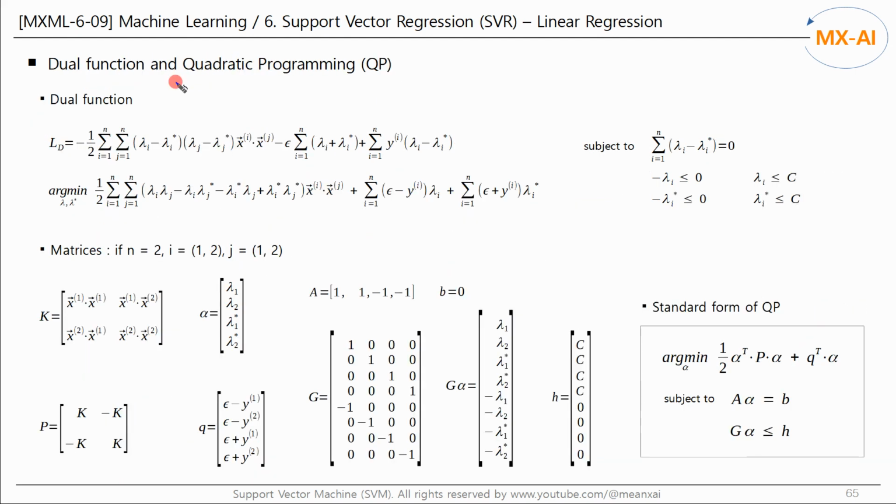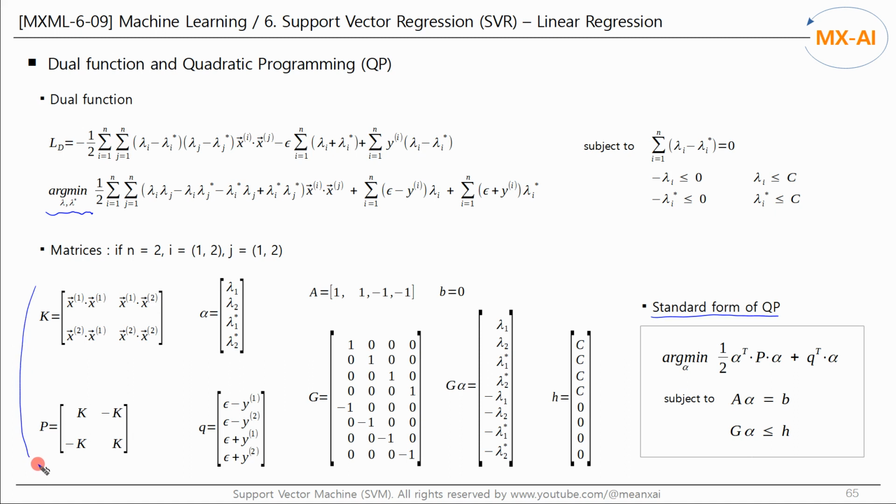Now to solve this optimization problem, let's convert it to the standard form of QP. Maximizing the dual function is equivalent to minimizing the negative dual function. The standard form of QP is as follows. As we did for support vector classification, we define the matrices as follows.